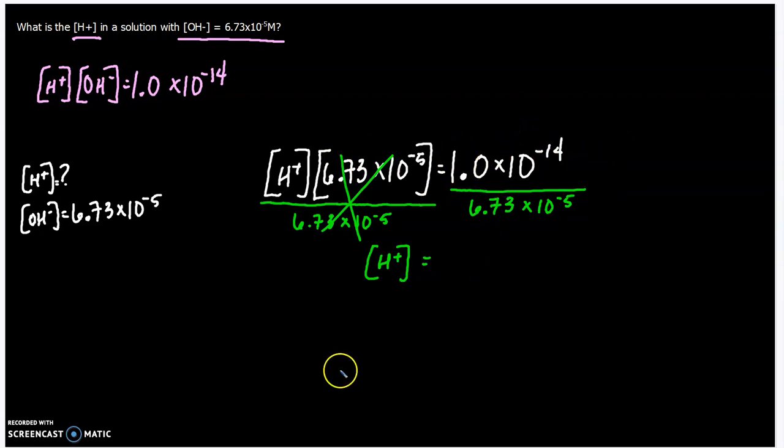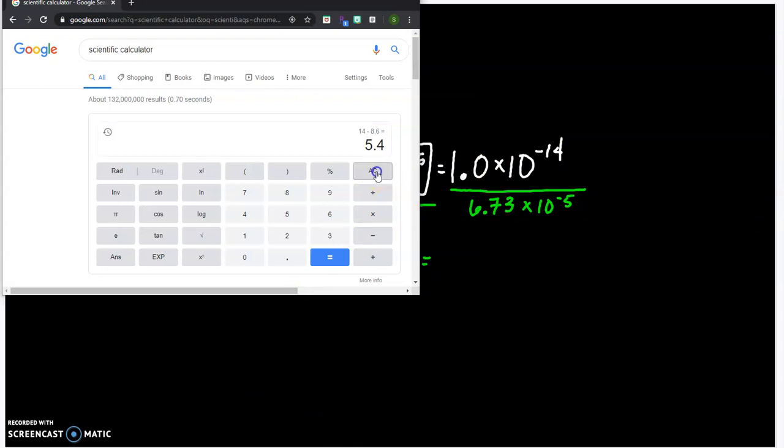So I'm going to go over to my handy dandy calculator and type this in. So we have parentheses are super important right now because we have scientific notation. 1.0 times 10 to the negative 14 divided by, more parentheses, 6.73 times 10 to the negative 5.